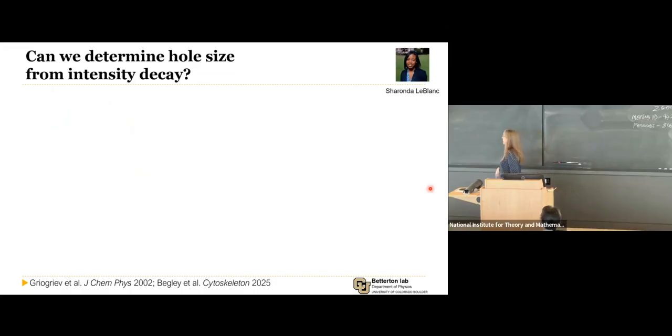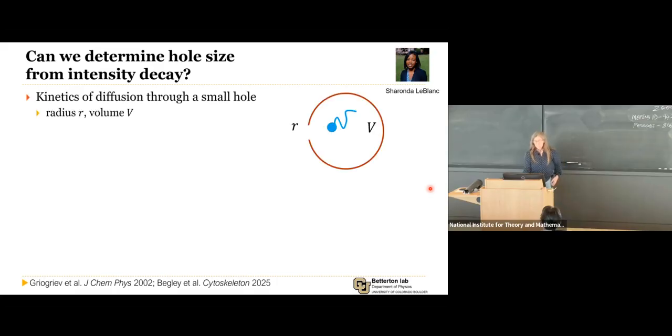Because when I first looked at these data, I thought that this would be a great problem in which to figure out how big is the hole that was made in the nuclear envelope from looking at how the intensity decays, okay? And what I had in mind was this great paper from Grigoriev et al. from 2002, where they solved exactly what are the kinetics of diffusion of a particle that escapes through a small hole.